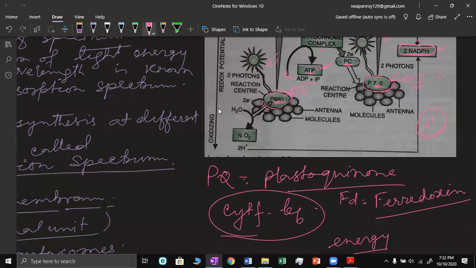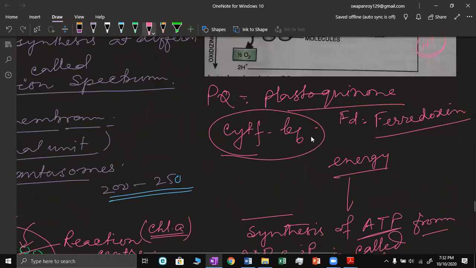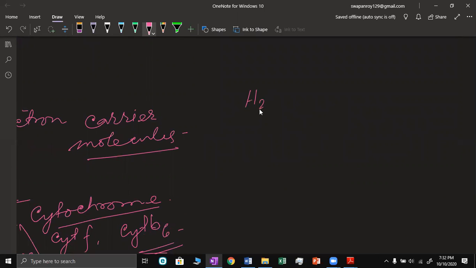Okay, it gets electron from water, and here actually what happened, water is split into electron, proton, and also gives oxygen. Water gives rise to hydrogen ion, this is proton. It releases electron also, and it produces oxygen.